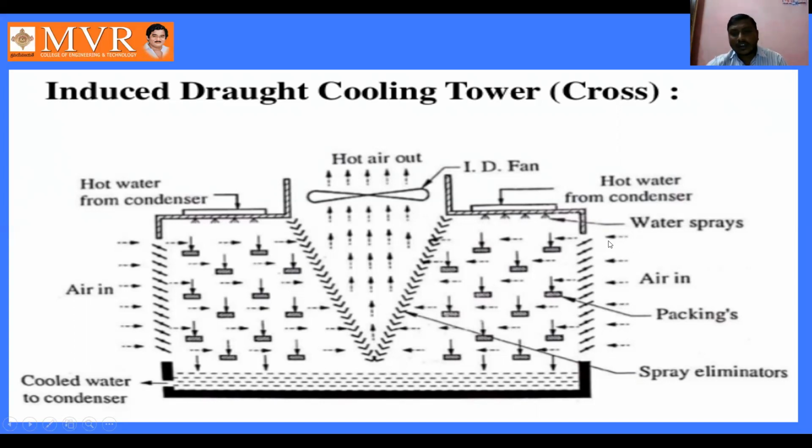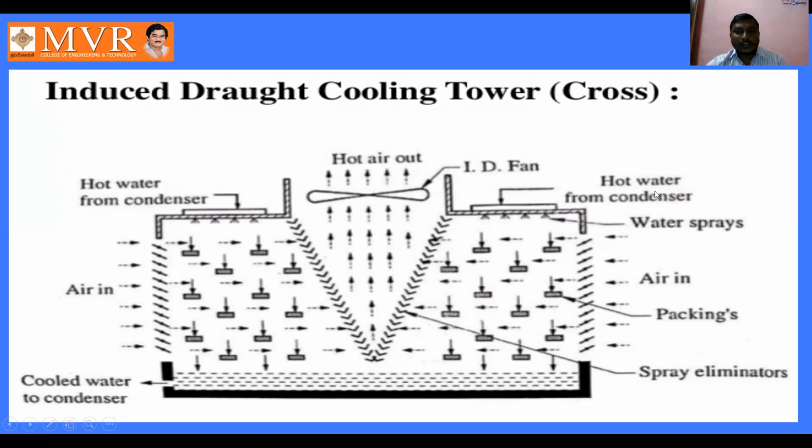When the air enters the cooling tower, heat exchange takes place between the water and the air, and the air takes away the heat from the water and escapes into the atmosphere as hot air. Here in the induced draft we are using the fan at the topmost position of the cooling tower.